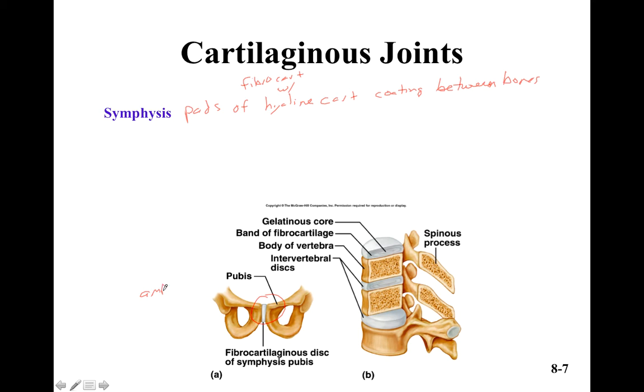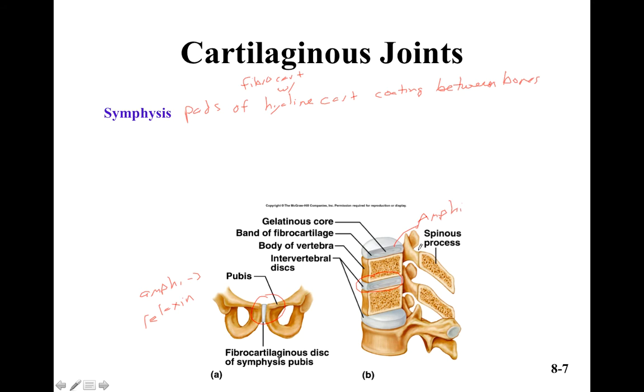And then during childbirth, and even during the last trimester, hormones, specifically a hormone called relaxin, cause this joint to become looser. And then the joints between the vertebrae are symphysis joints. So these are also amphiarthrotic.